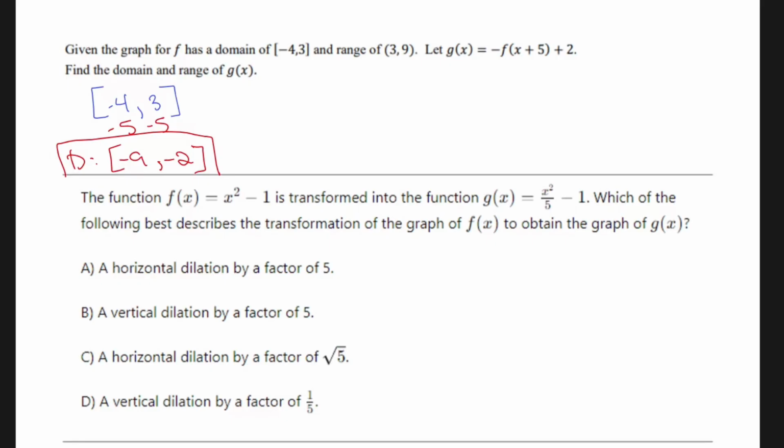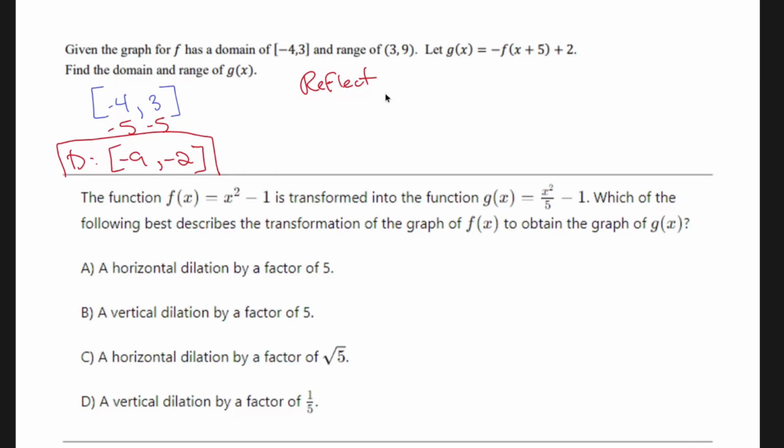What we could do first is deal with the reflection. There's our range. If I reflect first, it's reflected over the x-axis, which makes the values negative. So 3, 9, and this is going to be weird, because these are y values.